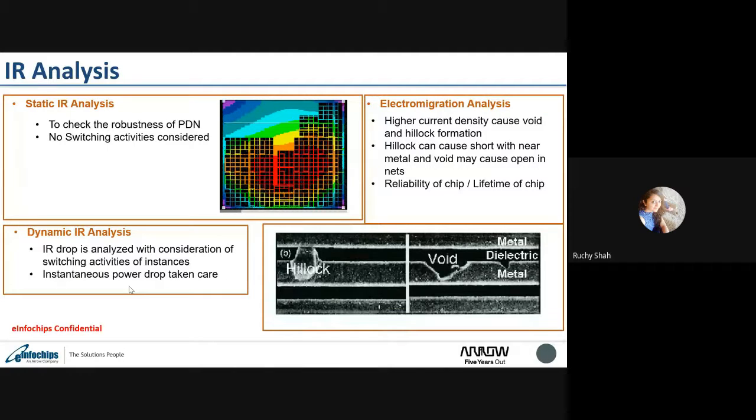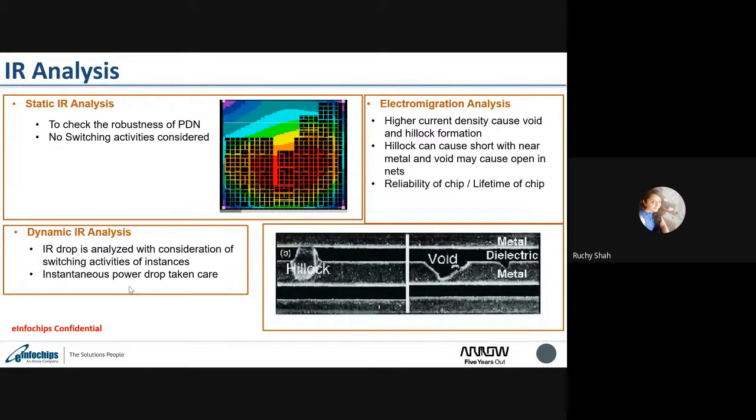Next, talking about electromigration analysis. It is only due to high current density. As we know that we are going to lower geometry, lower nodes, everything is being scaled. So definitely our metal layers are also being scaled. And if we are scaling the metal layer, the metal's width, definitely we are going to reduce the cross-sectional area, so current density is going to increase.